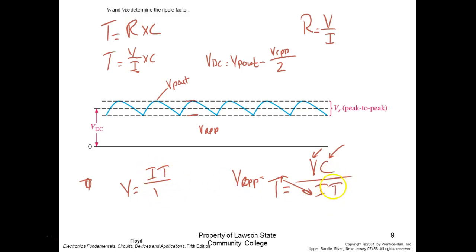Time is up there. We're taking V and putting it over there, so that'll be over C. Is that right? So what would I be equal to? It's going to be equal to the load current.